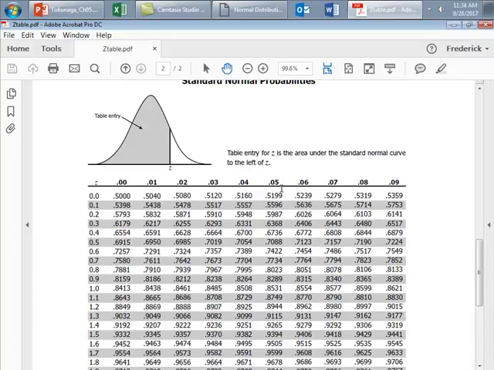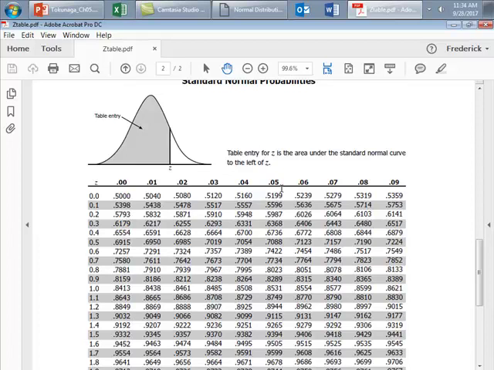Listen, I can't explain why we do stupid stuff in the world, but one of the stupid things we do is we actually have two, actually three, different forms of z-score tables. I don't know which one's in your book. I don't care, because this is my training. My training is to always do less than z.